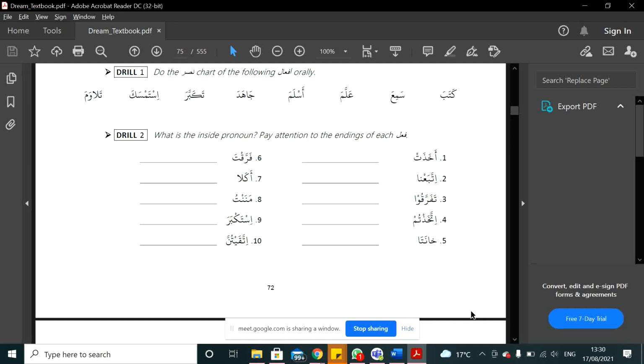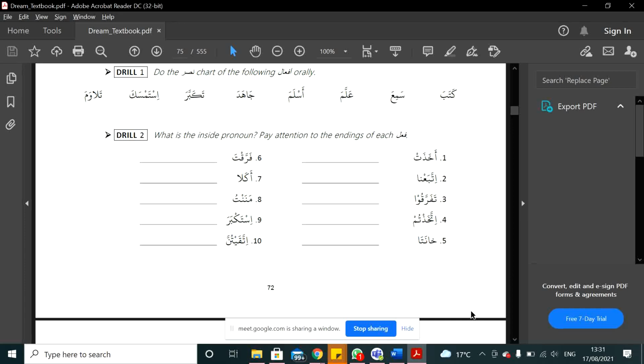Huwa ittaba. Huma ittaba. Hum ittabu. Hiya ittabat. Huma ittabata. Hunna ittabna.